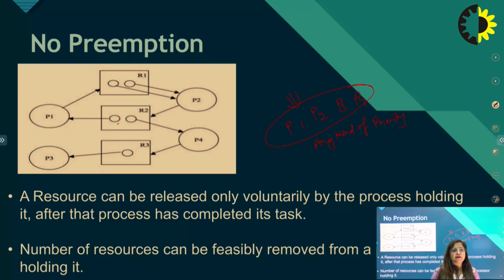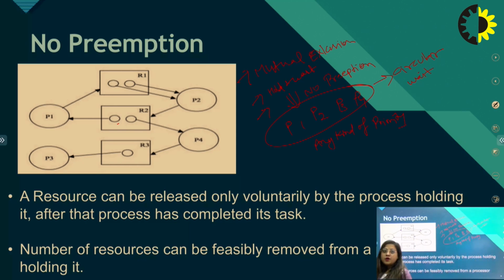Otherwise, according to these four, the first one is, the second one is, the third one is, and the fourth one is circular wait.